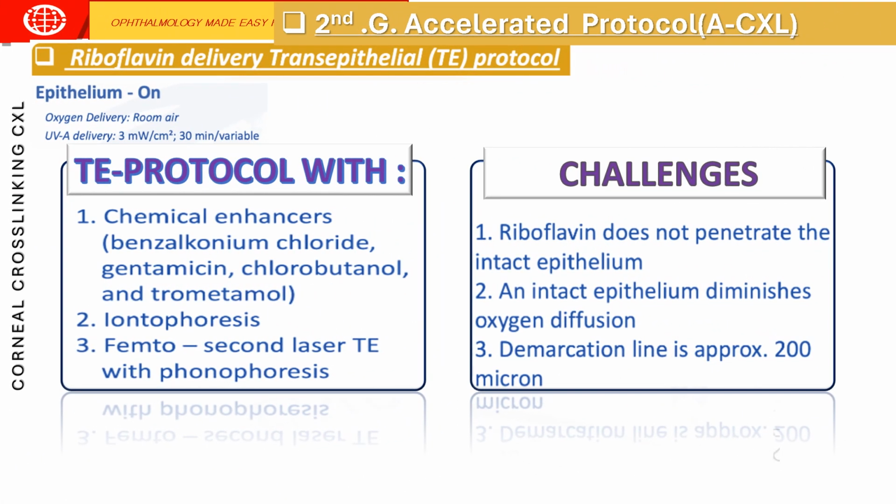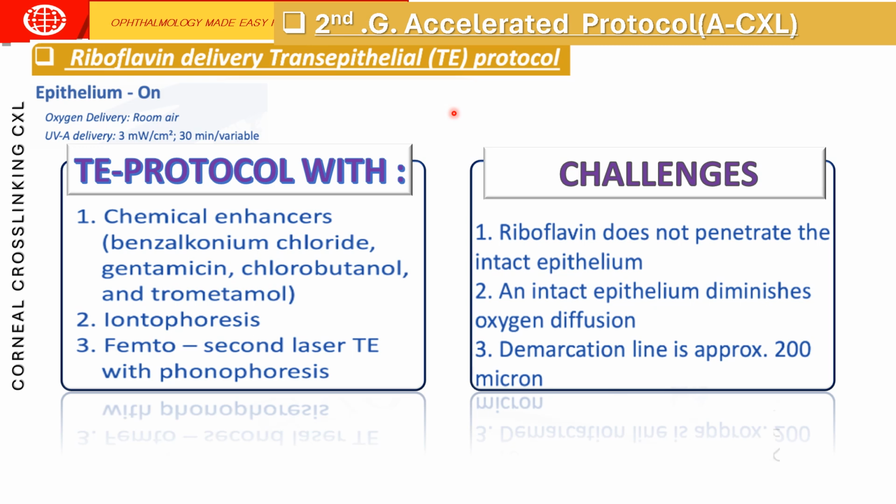Now, after the many studies done on the classical Dresden protocol and the success they found in stabilizing the corneal geometry, and the depth of the cross-linking they found after the classical type, they started to think about how to refine and improve the procedure by avoiding removal of the epithelium of the patient, as they faced some problems with the pain that the patient sustained after the procedure.